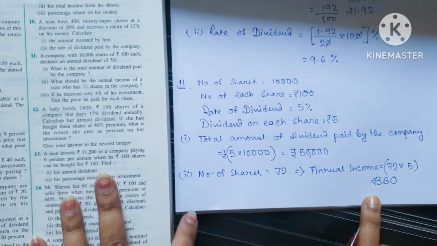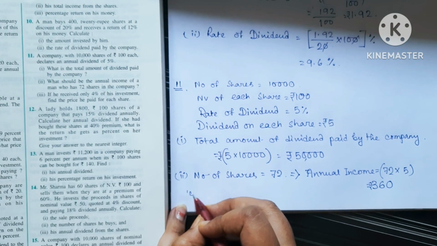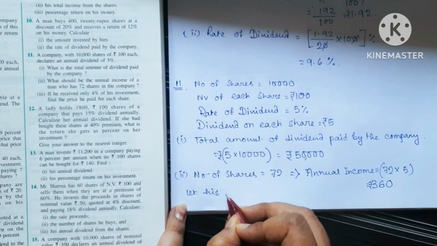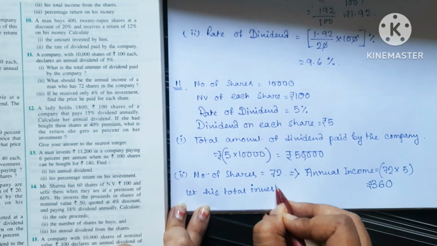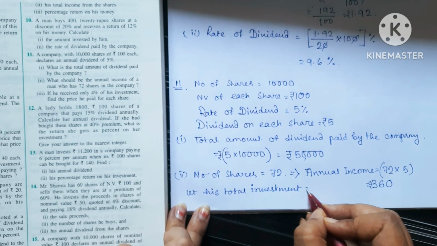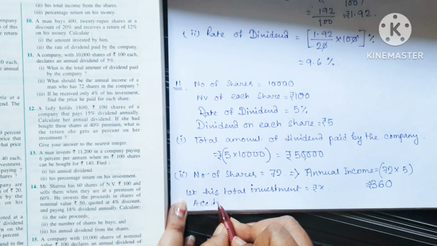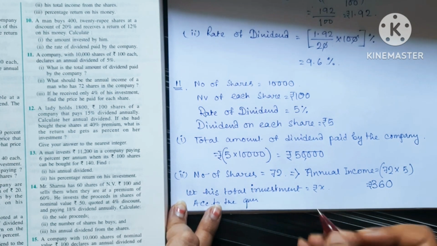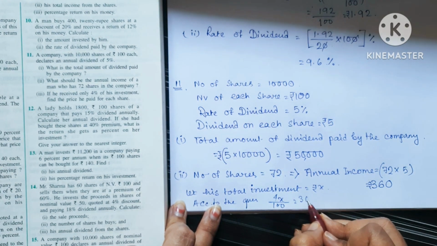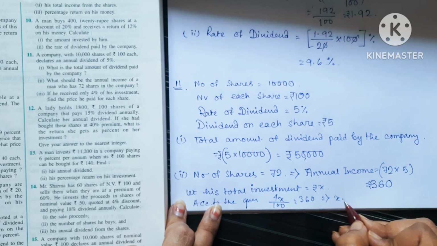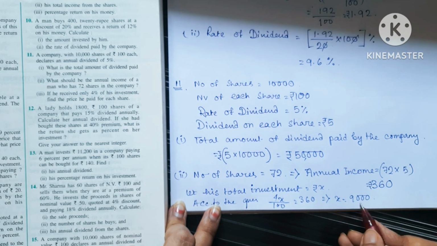So the return percentage: let his total investment be rupees X, then 4% according to the question, X into 4 by 100 is equal to 360. So X equals, if you calculate, 9,000. That is the total investment.